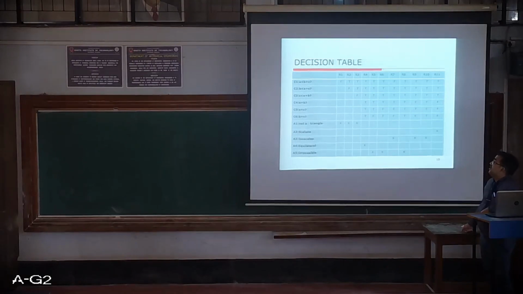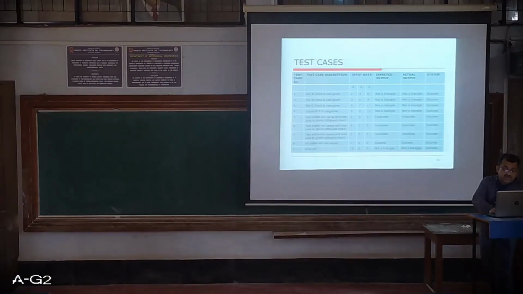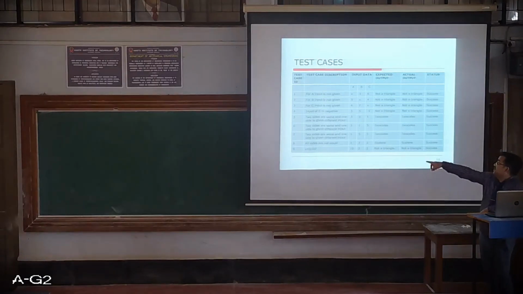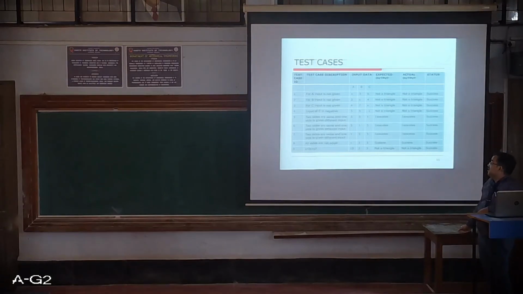If any of these conditions is false, for example if A is abnormally high, see here, A is given as 10 in test case number 9, and B and C as 2 and 3. So 2 plus 3 is 5, which is less than 10. A should have been less than B plus C, but that is false.